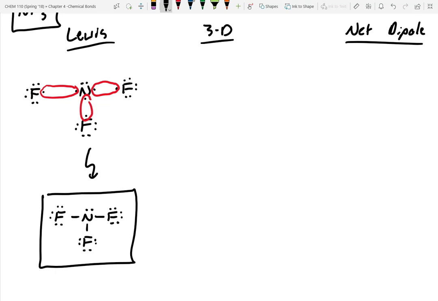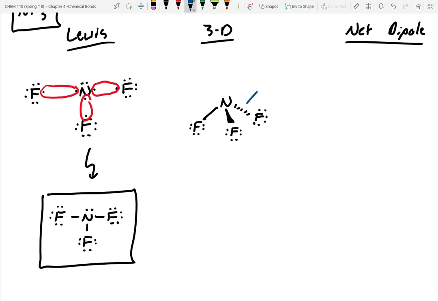All right, so if we try to draw this, it gets trickier as you have three-dimensional space. But what you can do is say, all right, it's kind of like table legs. When I draw it as a wedge, that means it's kind of sticking out towards you. And then as a dash, that means it's going away from you. So this is kind of like a stool with 3 legs.